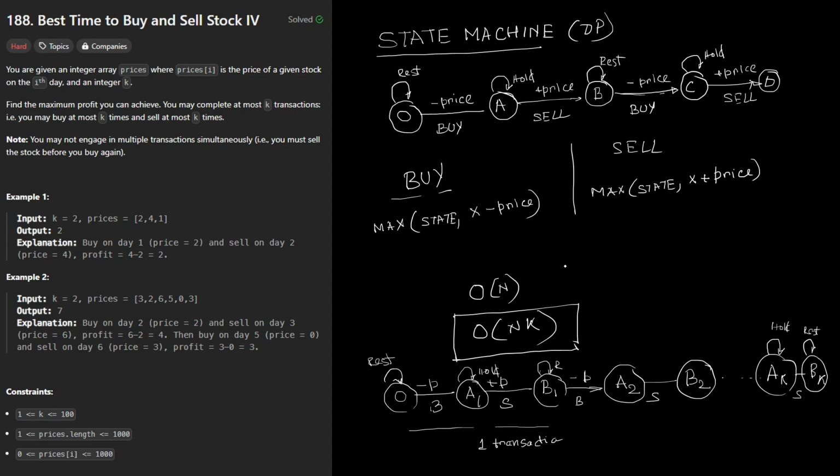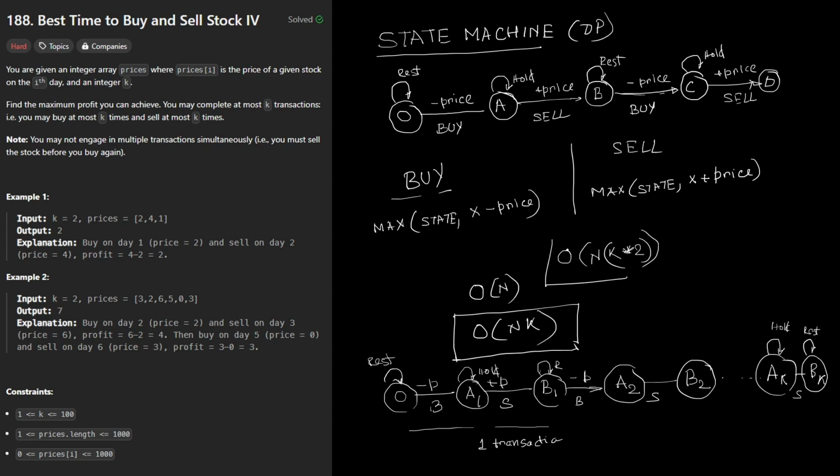And if you look at the time complexity, it would be big O of n k. The k value is the k transactions, but we know in one transaction we can sell at most 1 time and buy at most 1 time. It would be k into 2 to be exact, and this would be the time complexity.